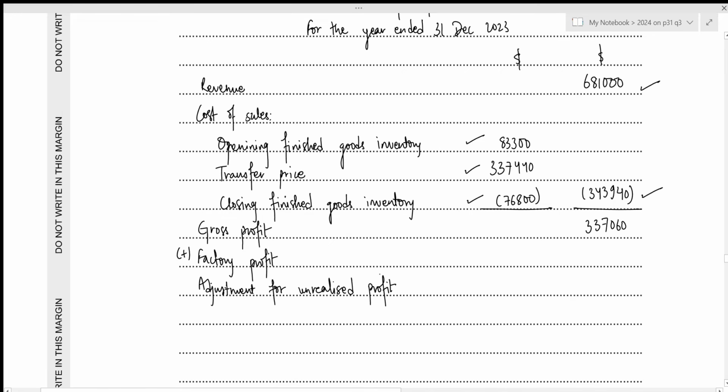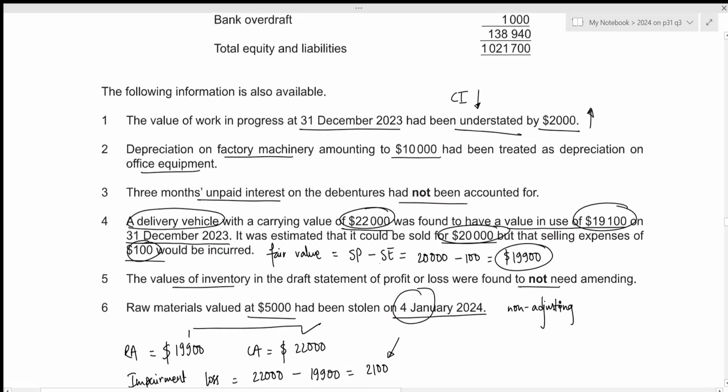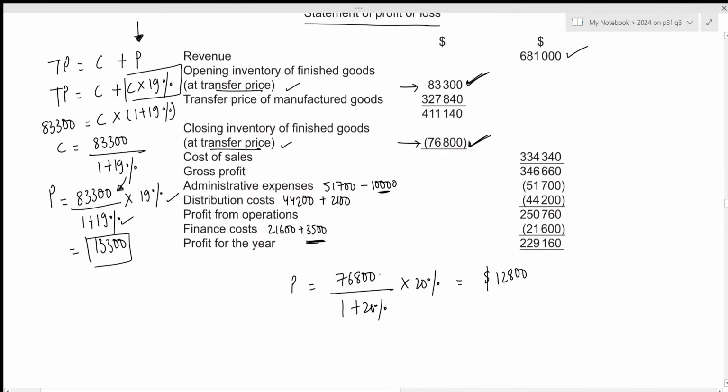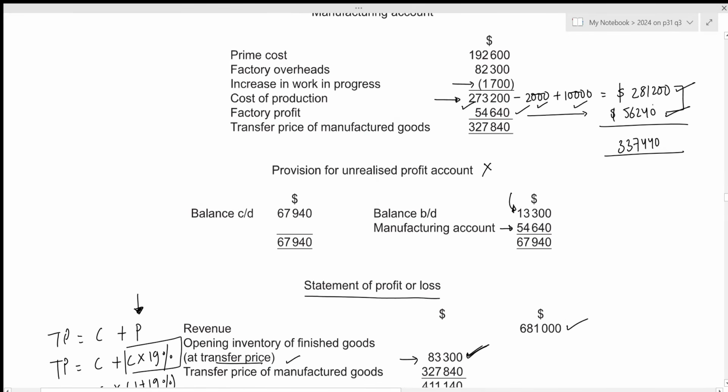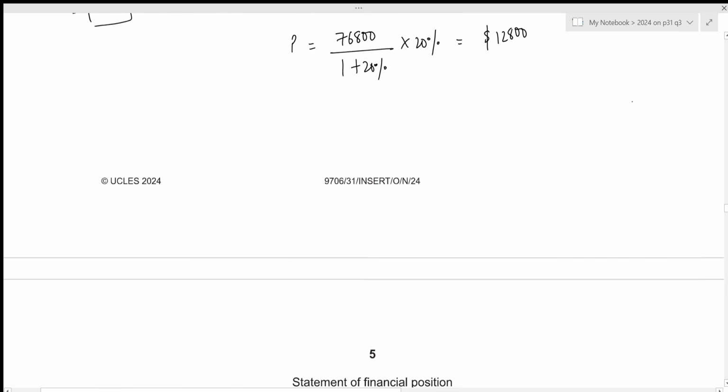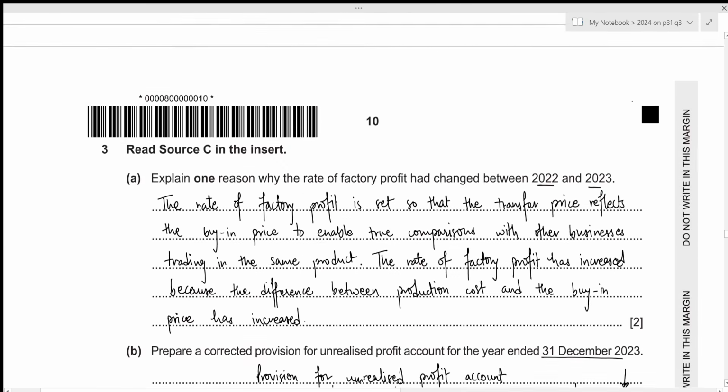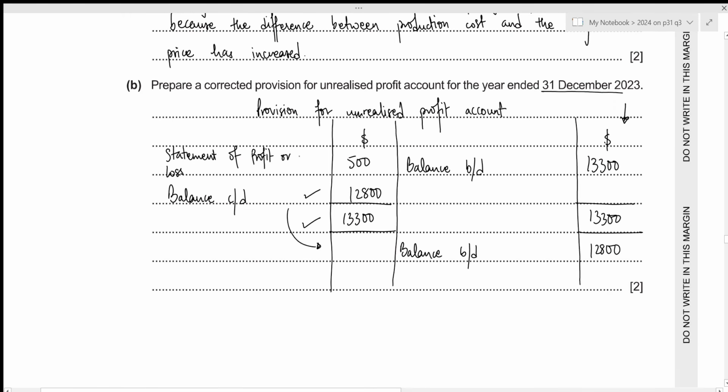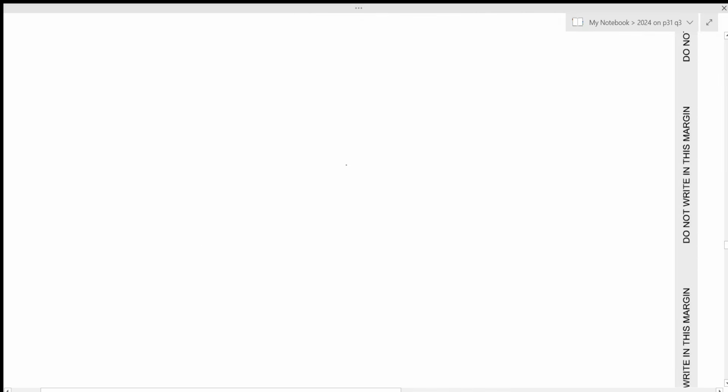Okay, so we've already calculated the factory profit before. That was 56,240. Then we've also prepared the provision for unrealized profit account, and in this case there was a decrement. We've already established that a decrease should always be treated as part of our income, so we will be adding this 500 as well.